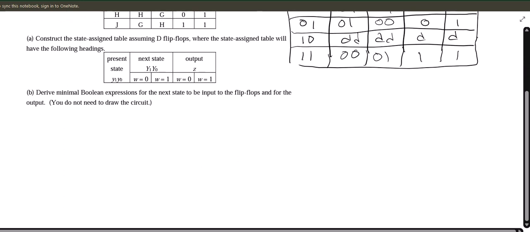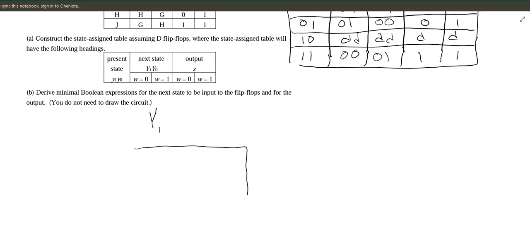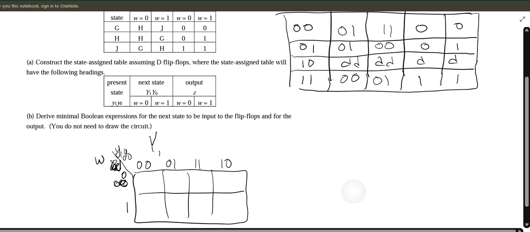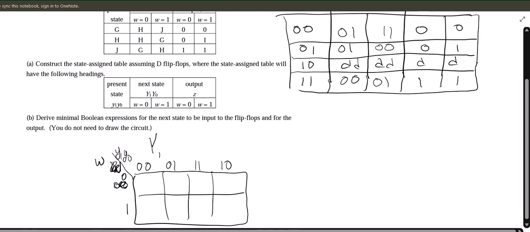Okay, so let's start with Y1. That's supposed to be a W. We want to fill in this K-map for Y1.